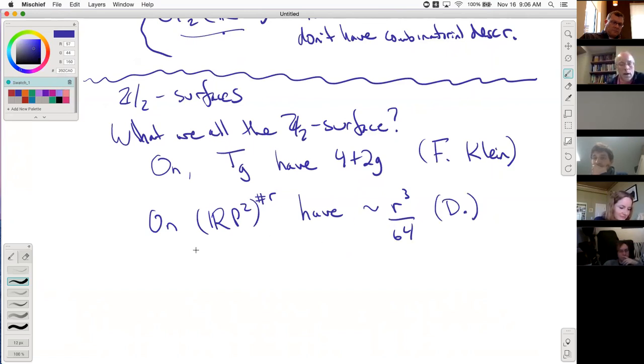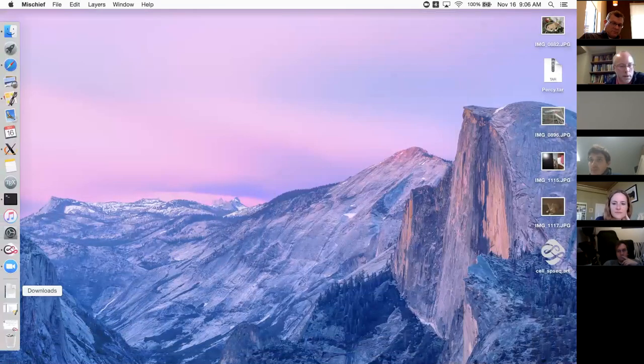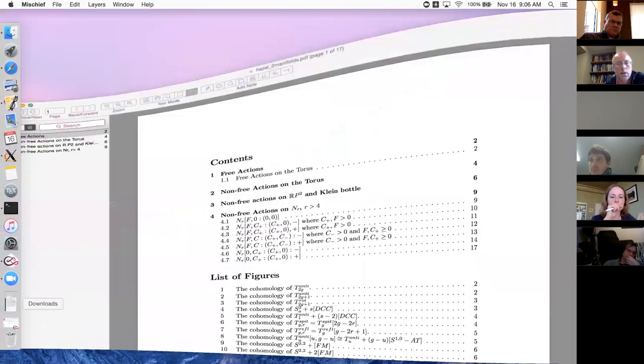Okay, so I asked a second student, Christy Hazel, to work out the cohomology of all these surfaces, and I want to show you her computations. I'm not going to go into these in detail, but I want you to just look at the pictures and absorb something from them. So I'm going to change here into different software, if I can find it. Okay.